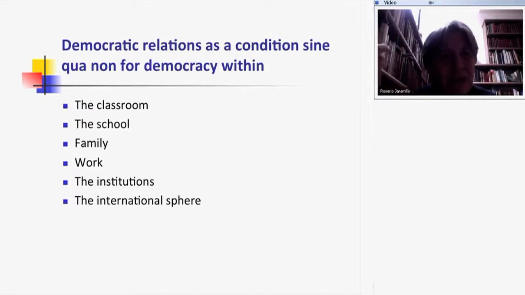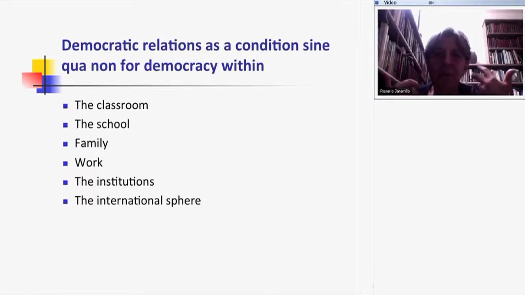How does that work? And how does that work at the international level? I mean, looking at these relationships and caring about them and making visible how they are influencing the kinds of values that people are living in is very important to develop critical thinking in a democratic environment.